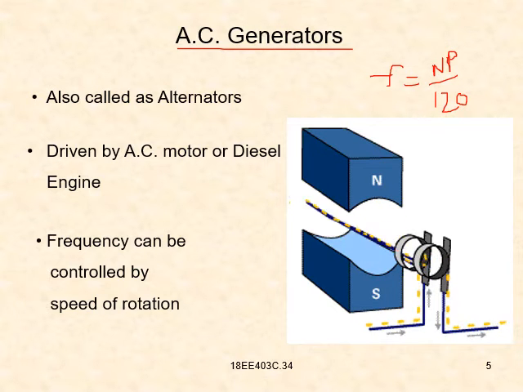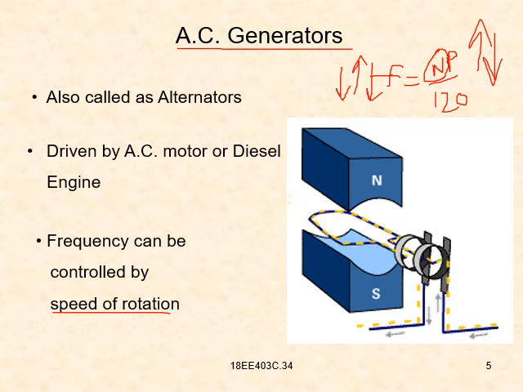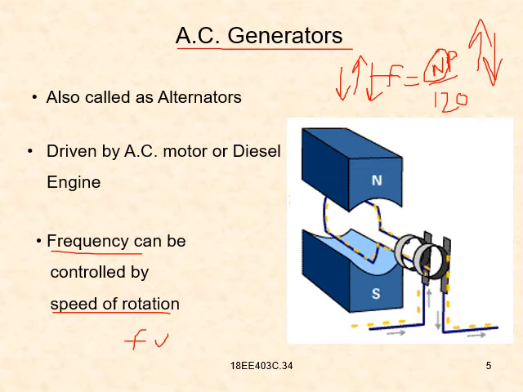Once the poles are fixed, they cannot be changed, and 120 is constant, so the speed can be changed. If the speed increases, the frequency increases; if the speed is reduced, the frequency also gets reduced. So the frequency can be controlled by the speed of rotation. You can write here F is directly proportional to N, where N is speed.